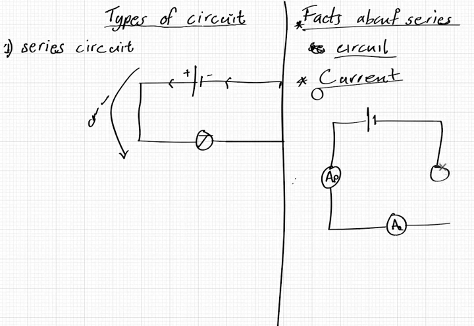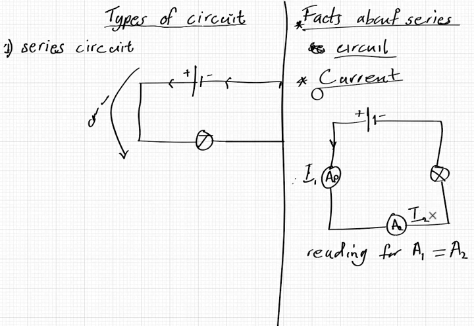Let's have a bulb here. We can't have a circuit without any components. So the reading for ammeter 1 is the same as the reading for ammeter 2. If this is the direction, this is positive, this is negative, this is I1, this is I2. So we are saying the reading will be the same.